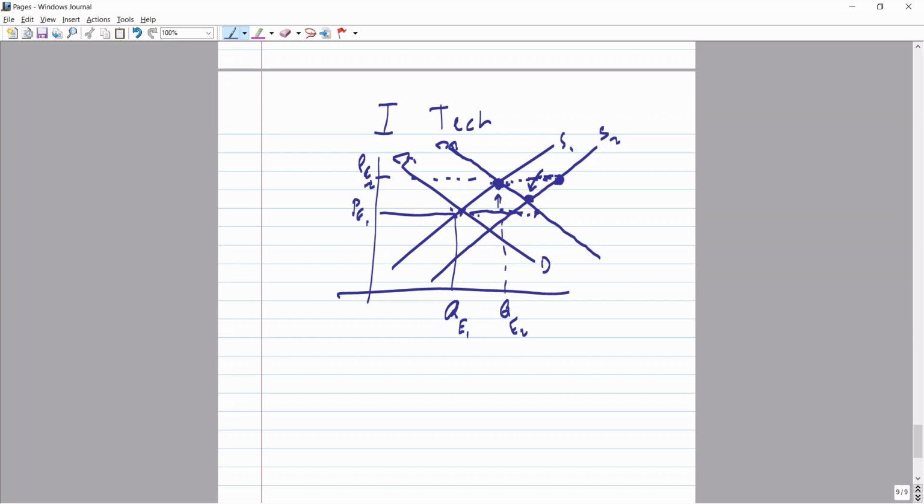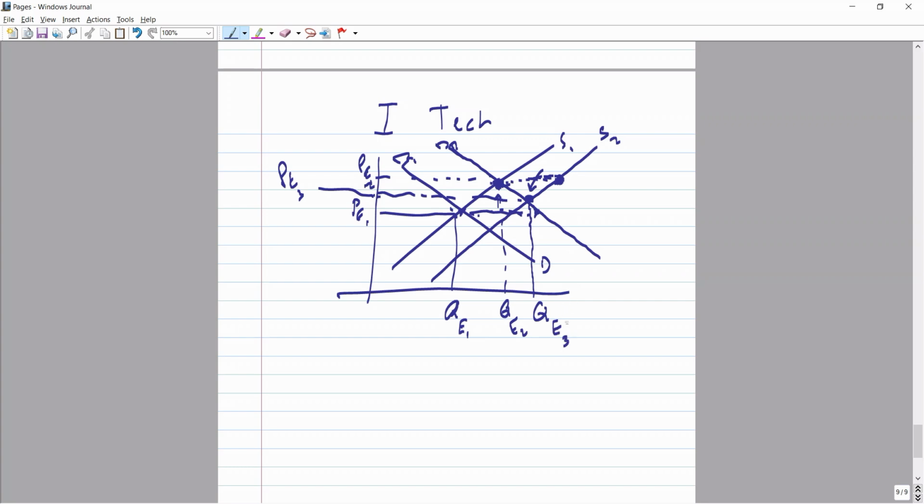The final impact is that the market equilibrium price went down to PE3, and the market ended up with a higher level of product to be transacted in the market.